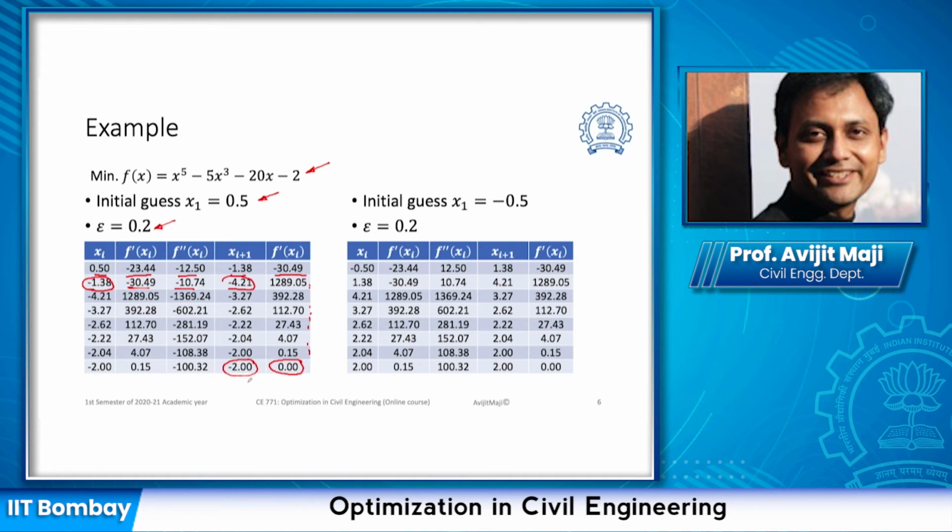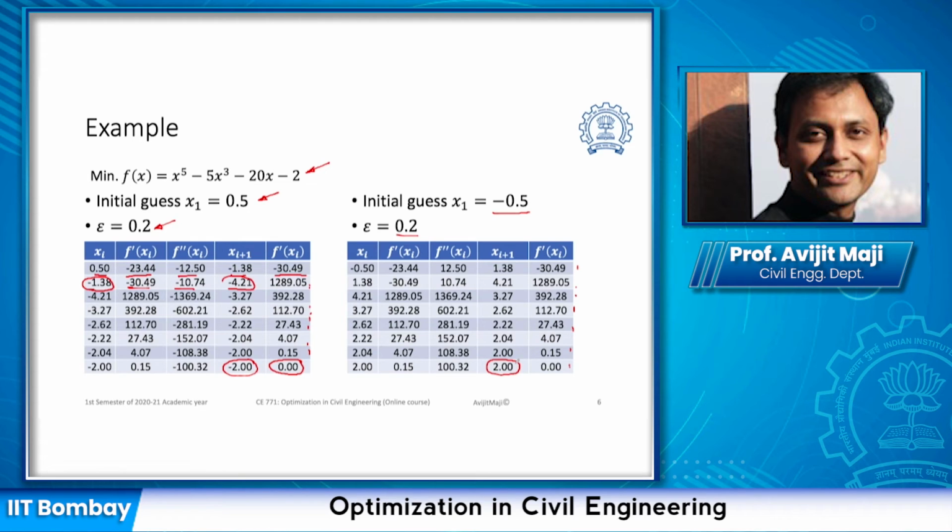Now the same problem, if we start with an initial guess of negative 0.5 with the same level of precision, we can see that once we obtain the optimum value, the point is actually different.